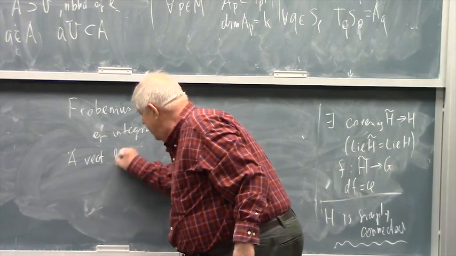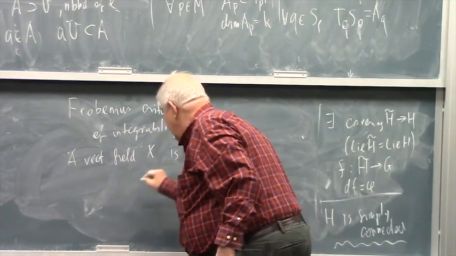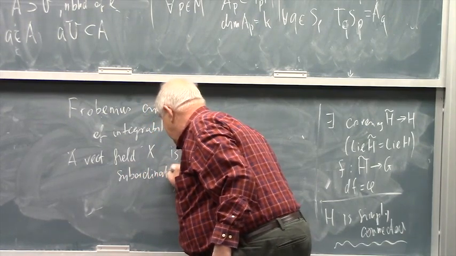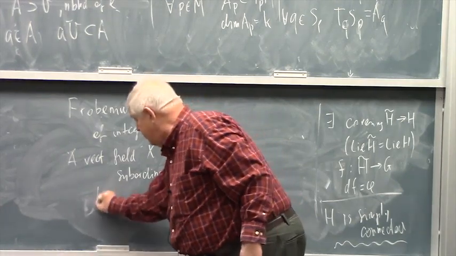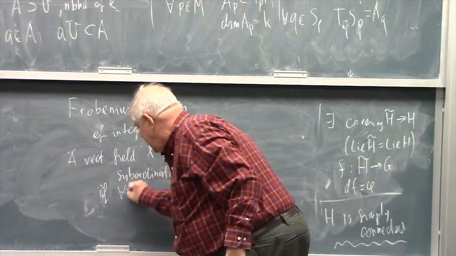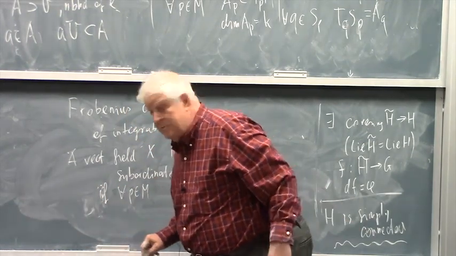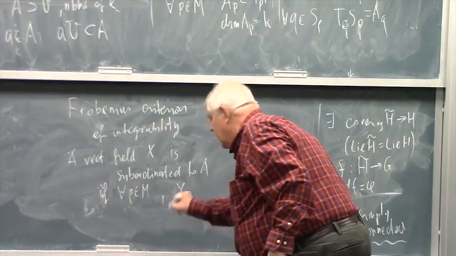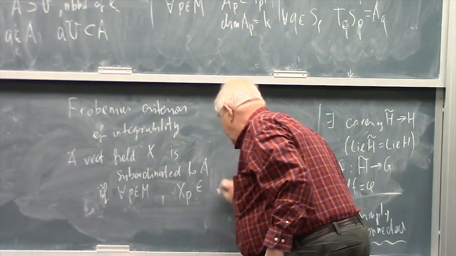A vector field X is subordinated to the distribution A if for every point P in M, the vector of this vector field belongs to A_P.